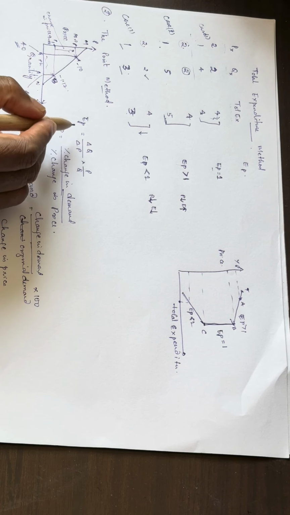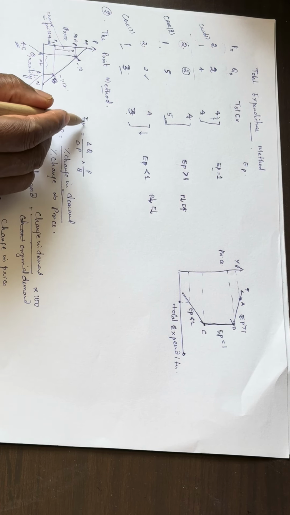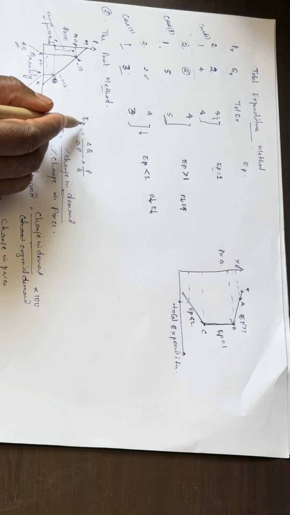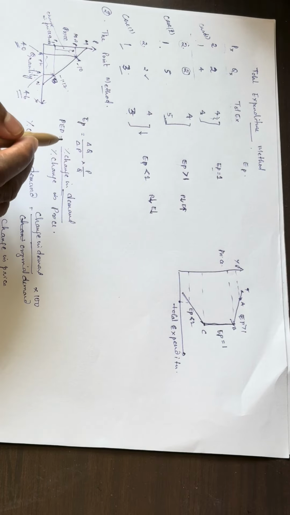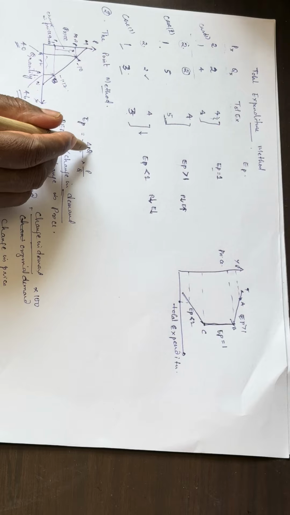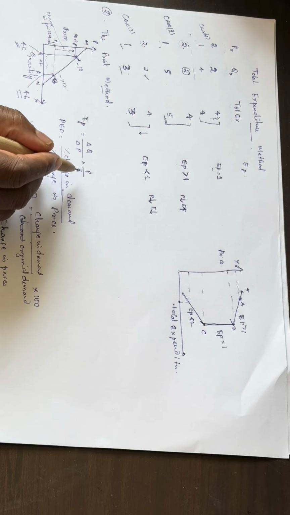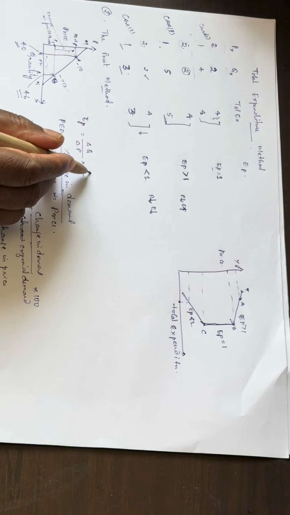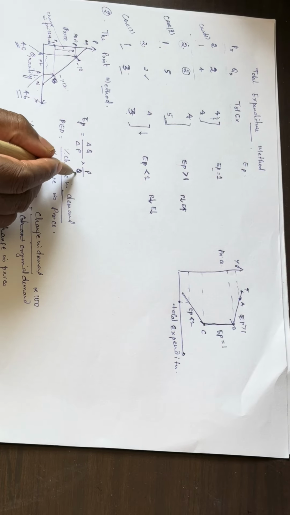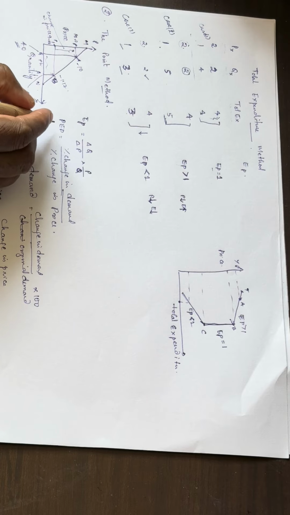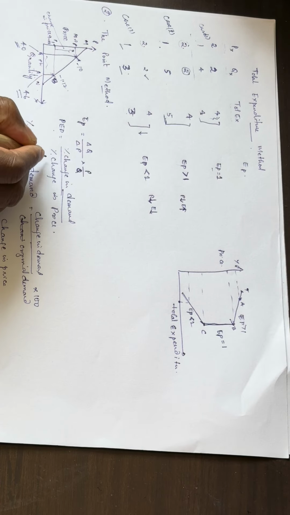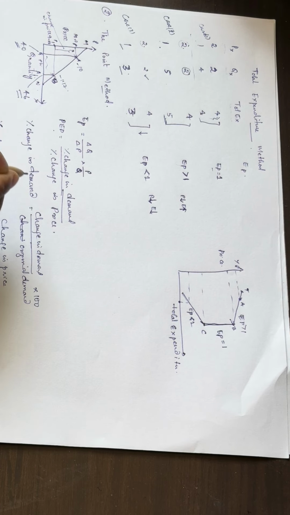Now we can calculate the elasticity of demand, which is equal to the change in quantity divided by the change in price, into the initial price divided by the quantity demanded. Price elasticity of demand is equal to the percentage change in demand divided by the percentage change in price.